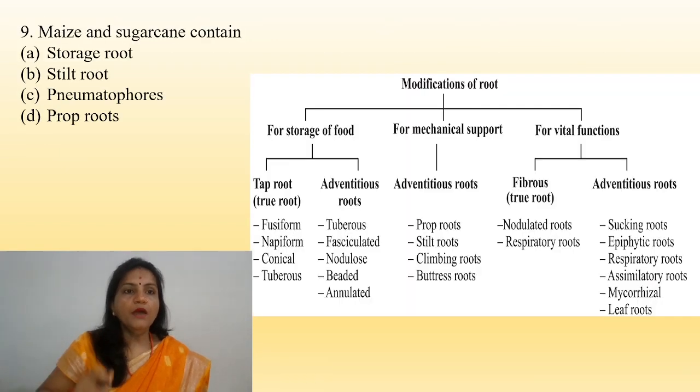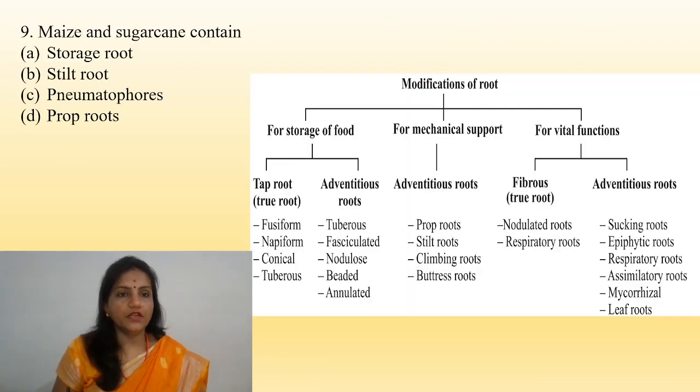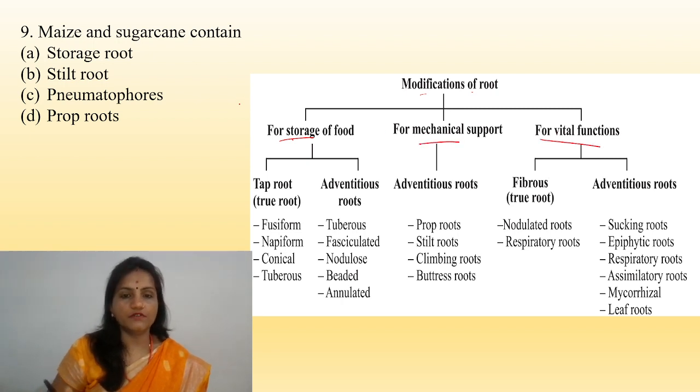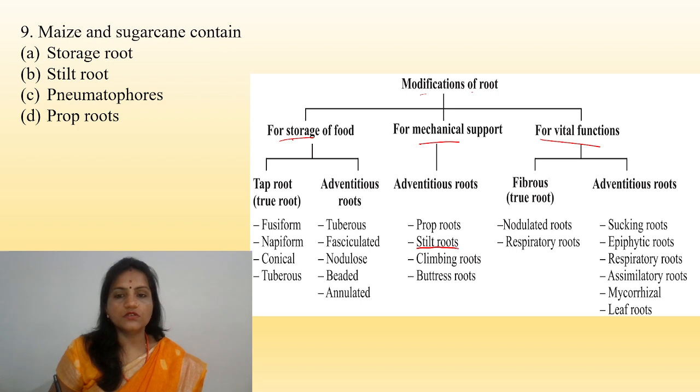Okay, let's proceed to the next one. Maize and sugarcane contain storage root, stilt root, pneumatophores, prop roots. Okay. So again, some more details regarding the modification of the root. Some are modified for the purpose of storage, some for mechanical support, and some for vital function. This is the other way of looking at the slide. So maize contains the stilt roots, and the same stilt root is present in the sugarcane.